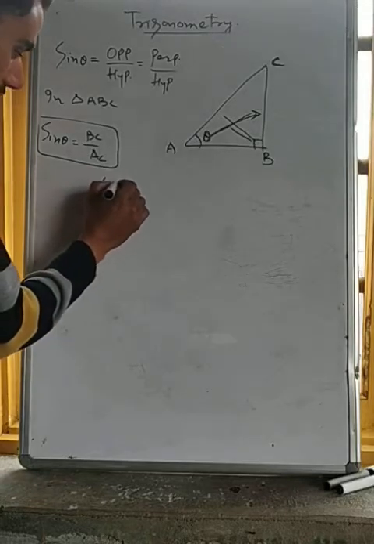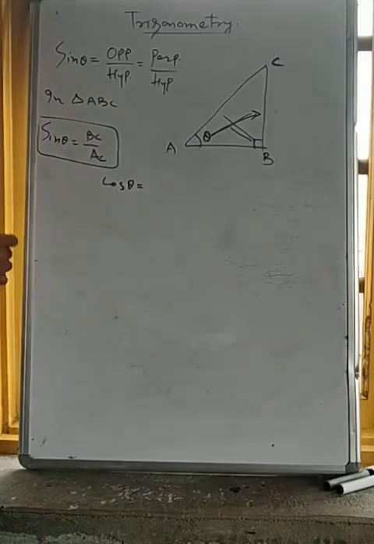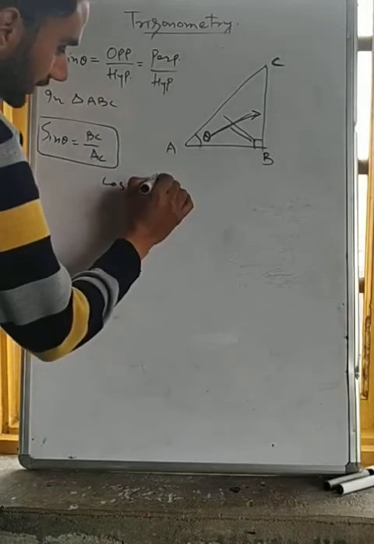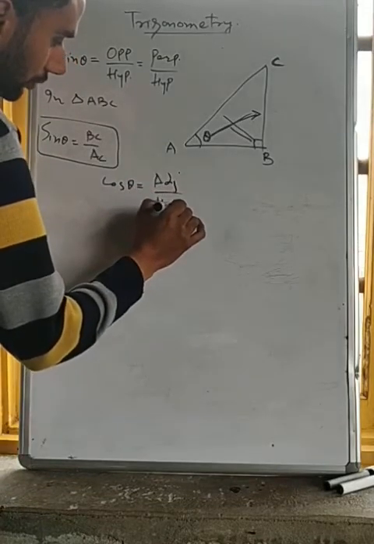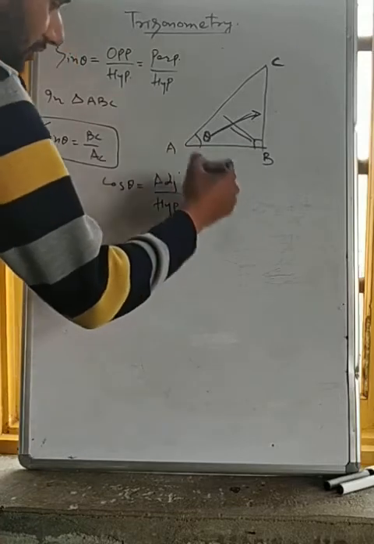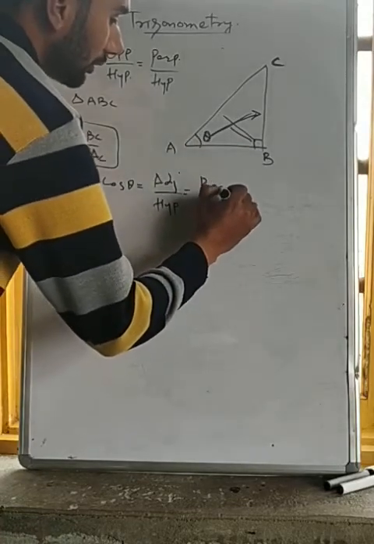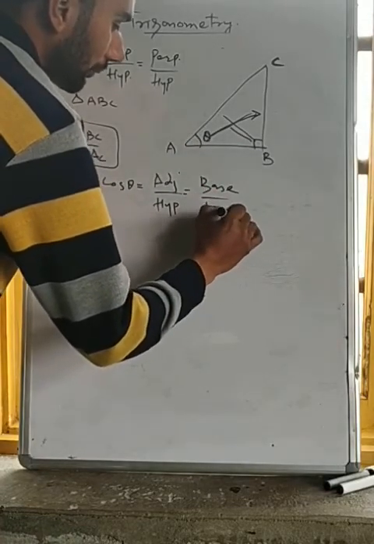If we talk about cos theta, it is the adjacent side divided by hypotenuse. The adjacent side is also called base, divided by hypotenuse.